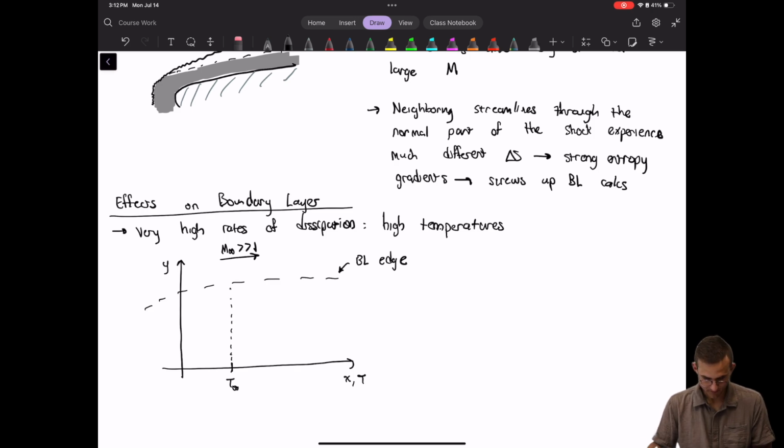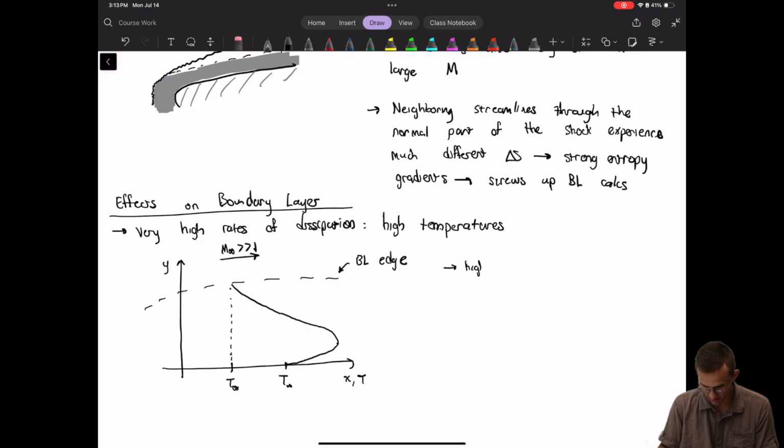And so the temperature rapidly rises as you enter the boundary layer to very, very high values, and then drops down to whatever value the wall is experiencing. So what happens is you have high temperature in the boundary layer, which leads to low density and high mu, your viscous coefficient, which gives you a thicker boundary layer.